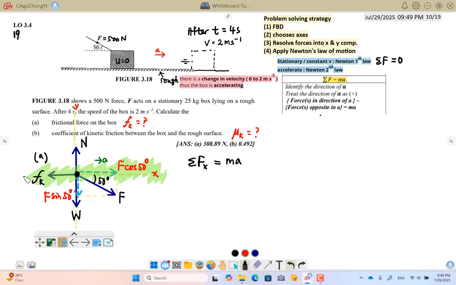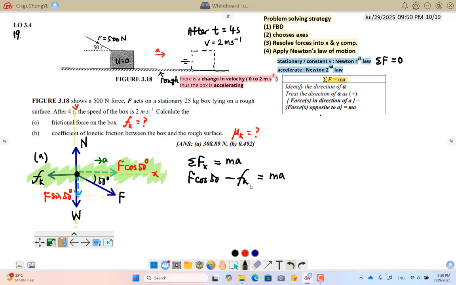Along the x-axis, I'm going to have F cos 50 in the same direction as a and Fk pointing opposite to the direction of a. So I'm going to have F cos 50 minus the force that is opposite to a, which is Fk, so minus Fk equal to ma.